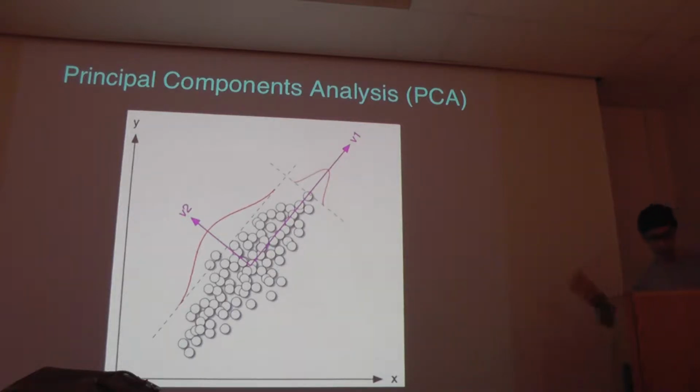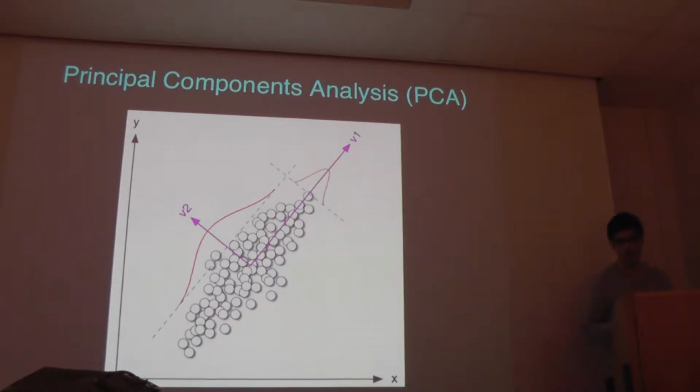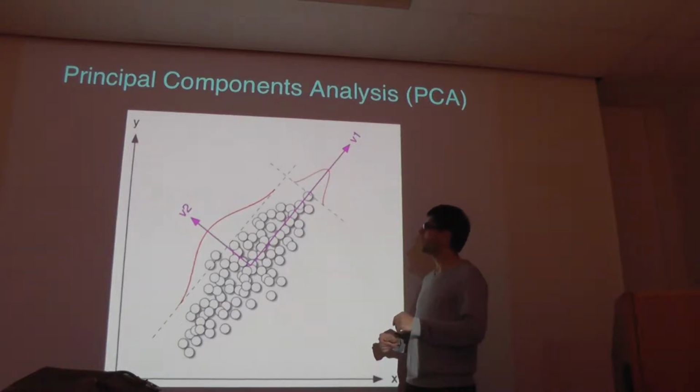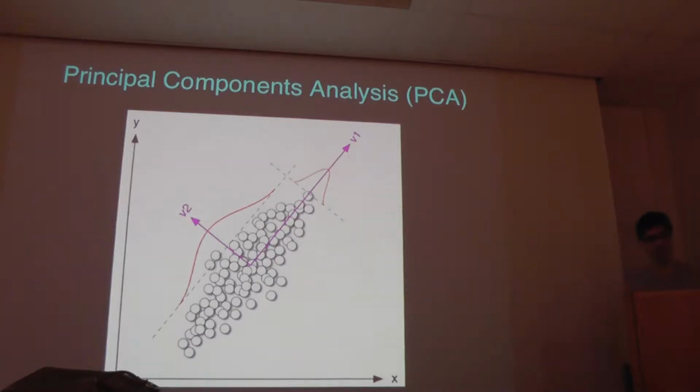Now, I'm going to leave this in a moment, but many of you are probably thinking, I'm past the stage at which I should be showing pictures of what principal component analysis is. That's probably true.